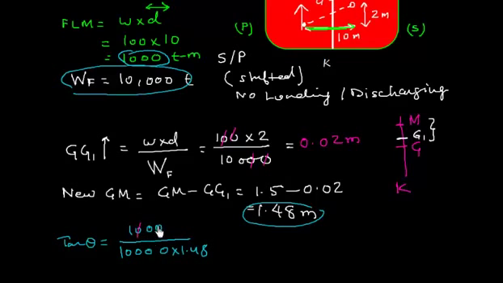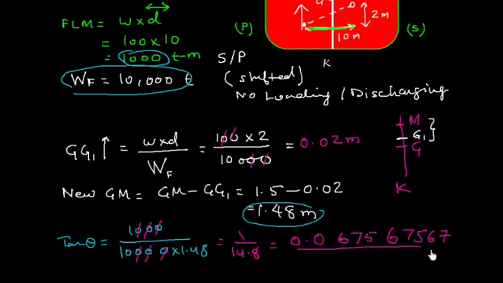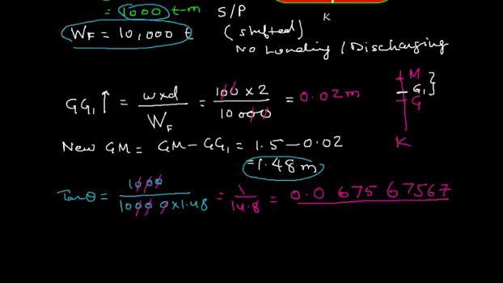Well, I just need to cancel this. So I get 1 by 14.8. So 1 by 14.8 gives me 0.067567, and all I need to do is get the tan inverse of that.